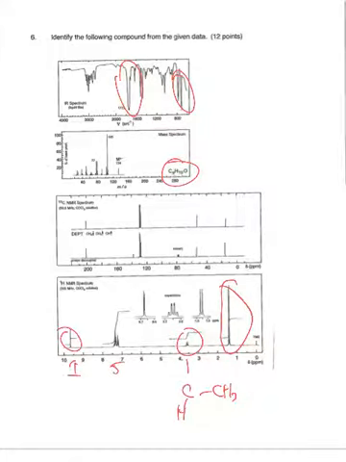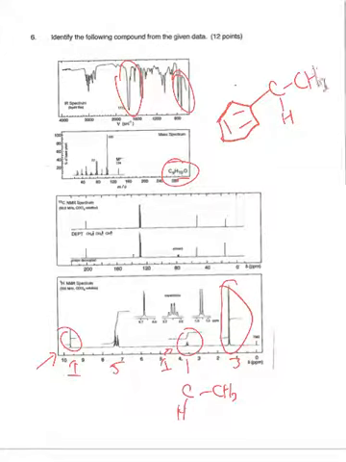This is 5. This is 1 there, and this is 3. So 1, 5, 1, and 3 add up to 10, which is how many hydrogens we have. This signal right here at 10 is for an aldehyde, and then the 5 is a mono-substituted aromatic ring. So we have a mono-substituted aromatic ring, we have a CH, CH3, and we have an aldehyde. And the answer is that.